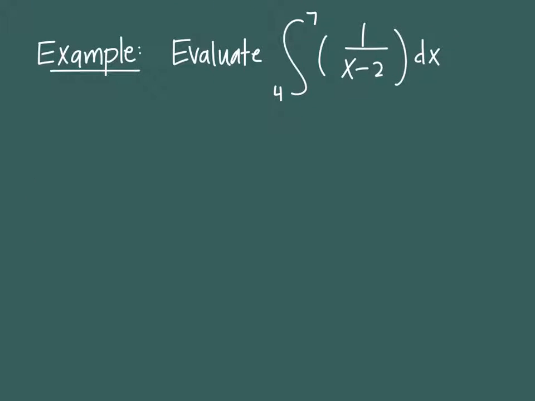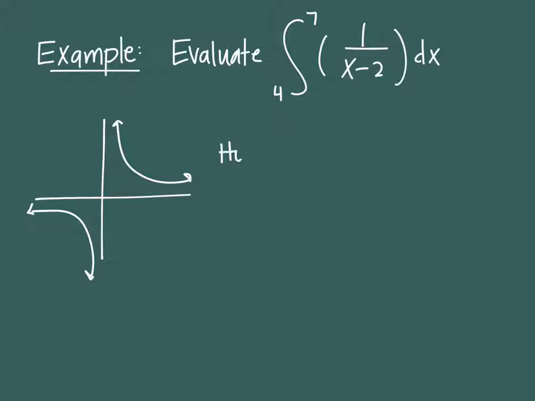I would expect you to know that graph without a calculator. Okay, 1 over functions that are powers of 1 are always hyperbolas. So if you think about what you know about hyperbolas, these are what normal hyperbolas look like. Okay, that would be a hyperbola, 1 over x.